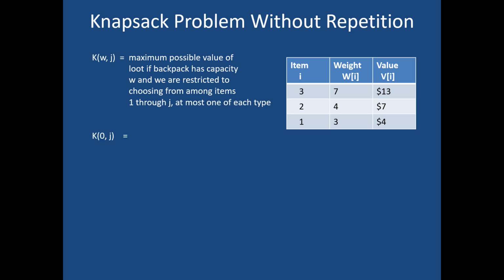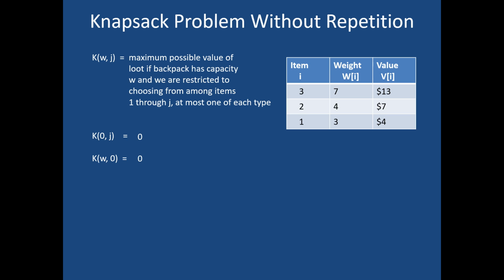So what's k of 0 and j? If you have 0 capacity and you can choose from items 1 through j, what's the best you can do? 0. Now, suppose you have a lot of capacity in your knapsack and you're restricted to choosing items 1 through 0. In other words, you're not allowed to choose any items. Still 0, right.